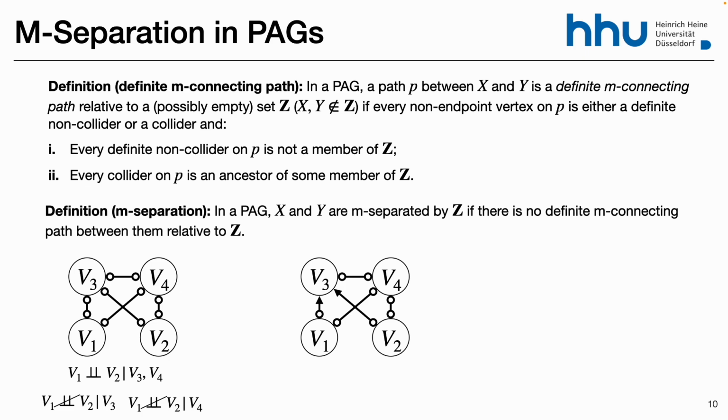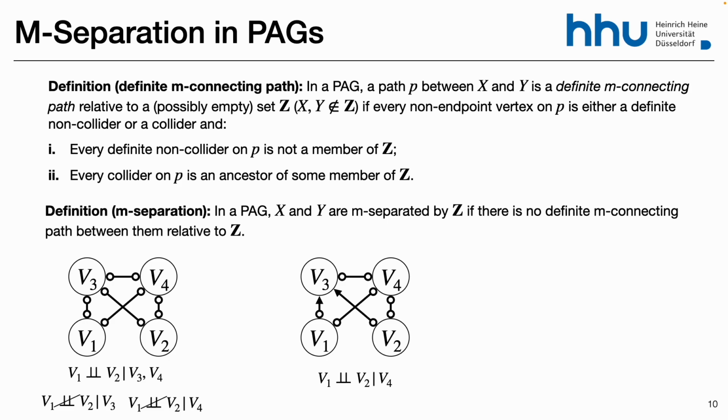Yeah, just that. Why? Because that's a definite status path. The only triplet is a collider as definite, and I cannot condition on the collider, otherwise I'm going to open this path. The other path that's of definite status, similar to the first one there, is a definite non-collider triplet. So I need to condition on V4.